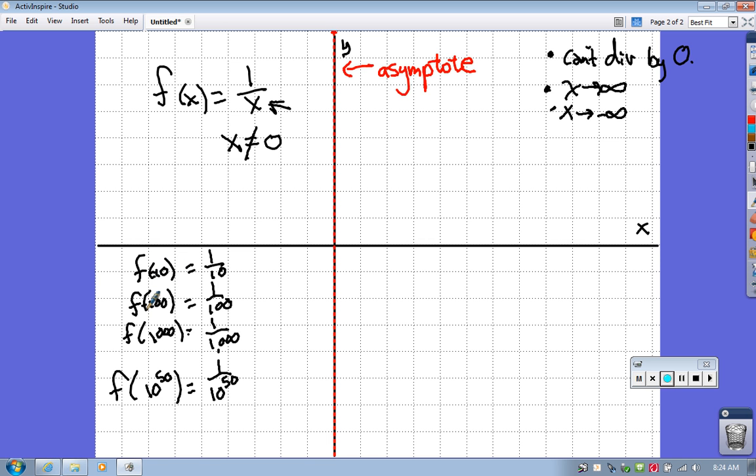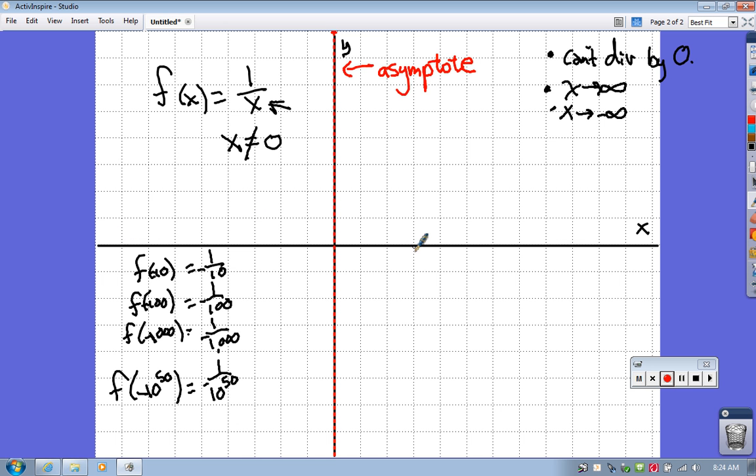If all these inputs were negative, that would make all these fractions negative. So what's happening here is, as x is getting bigger in a negative direction, these values would get closer and closer to 0. Like negative 1/10, negative 1/100th, negative 1/1000th, closer and closer, but never actually get there.